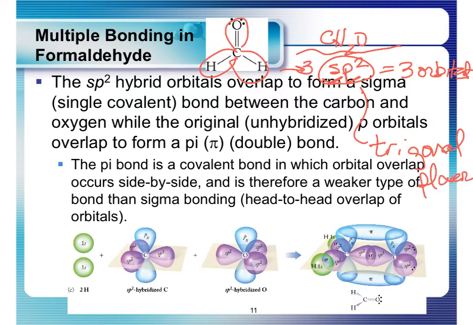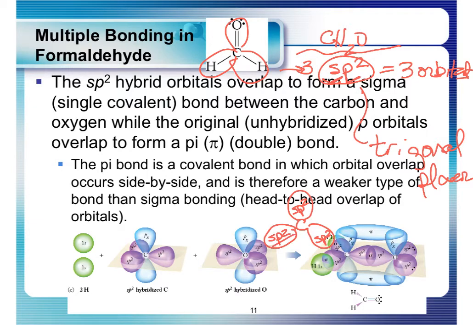All right, so what I really want you to see here, though, is the use of the unhybridized leftover p orbital. So if we were to draw a picture, we would draw that the carbon had 3 sp2 hybrid orbitals that were used to form the single bonds.